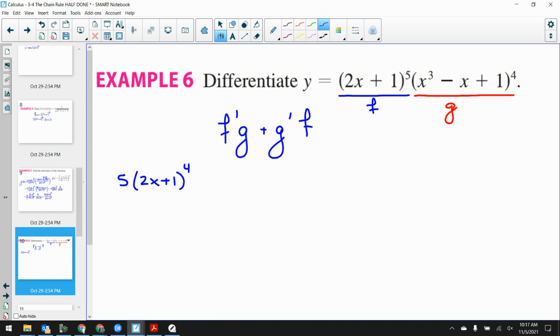The outer is the fifth power, right? So bring it out front, knock it down 1, times the derivative of the inner. Well, what is the derivative of 2x plus 1? Just 2. Now the end of the product rule says times g. X to the third minus x plus 1 to the fourth power.